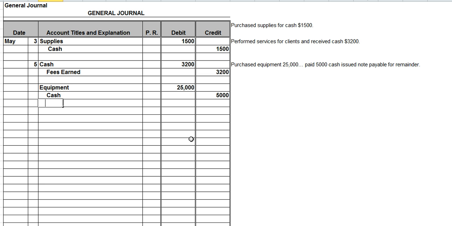Credit. So I'm going to credit note payable. What is the remainder? 25,000 minus 5 gives me 20,000. Now my debits and my credits are equal. I've got a debit for 25,000 and my two credits add up to 25,000. So this is what I mean about having more than one debit or more than one credit. I didn't put a date on this one, doesn't matter, let's just say the 8th.